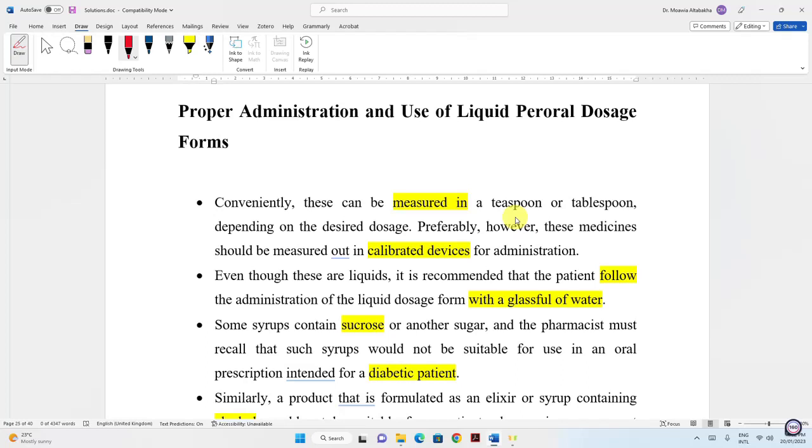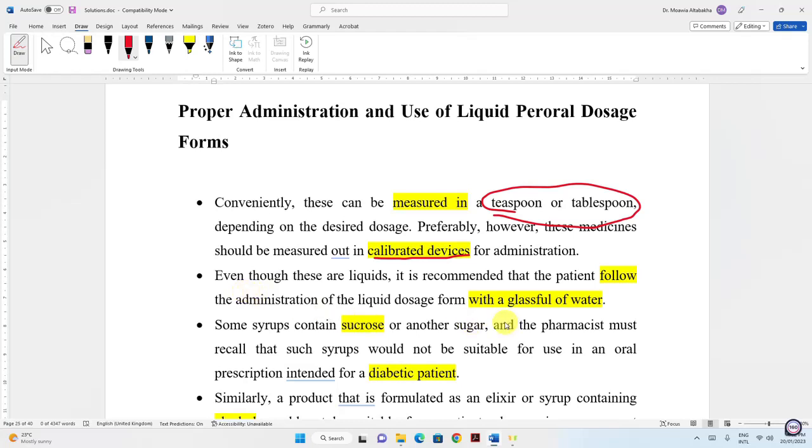Tell the patient about the measurement or the dose that needs to be taken, and preferably if there is a calibrated device as in the cap of the bottle, then it's preferred to be used. If this calibrated device is available, then don't allow him to use spoons, because spoons will not give you a very accurate measurement. So in this case, calibrated devices will be better.